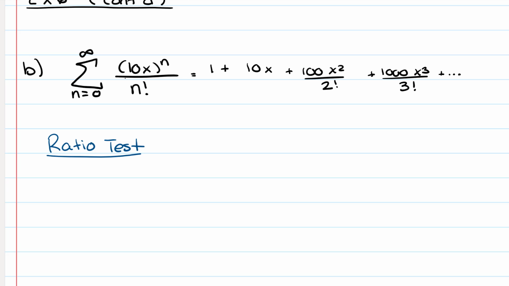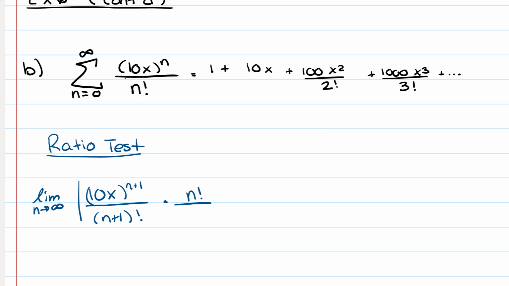And using the ratio test, I get the limit as n goes to infinity, absolute value of 10x to the n plus 1 divided by n plus 1 factorial times, now instead of writing it as dividing, I'm just going to multiply right away by the reciprocal, 10x to the n.